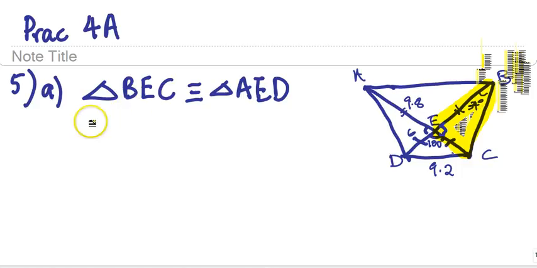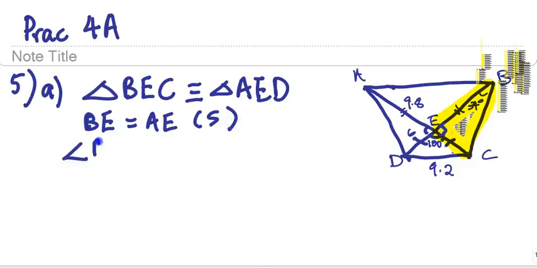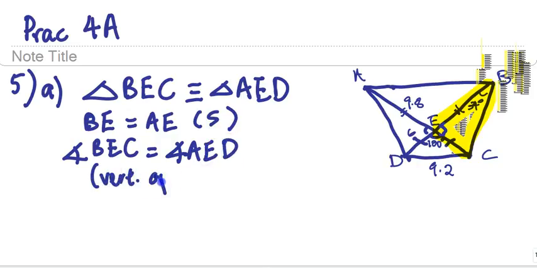So if I start off with my proof, I can prove that BE is equal to correspondingly AE. This is given, so this is your first S. Then we use the angle in between, angle BEC is equal to angle AED. And why is this so? Because they are vertically opposite angles.